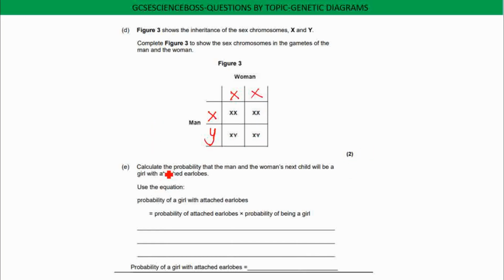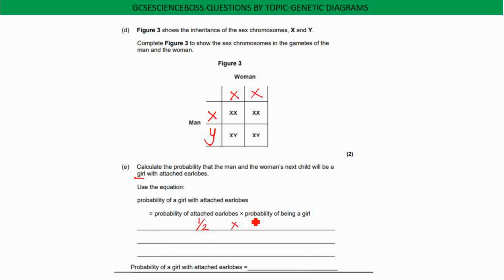Calculate the probability that the man and the woman's next child will be a girl with attached earlobes. Use the equation. Probability of a girl with attached earlobes is equal to the probability of attached earlobes, which we've just done before, which was 50%, which was a half.